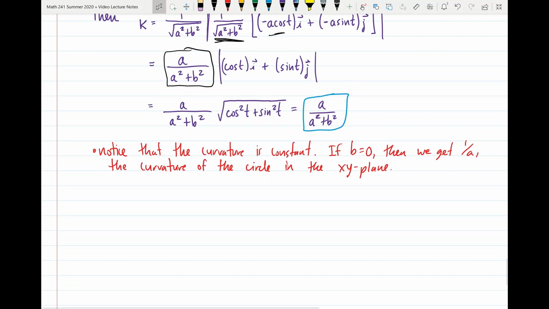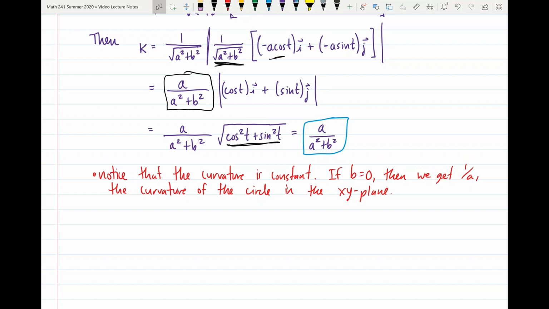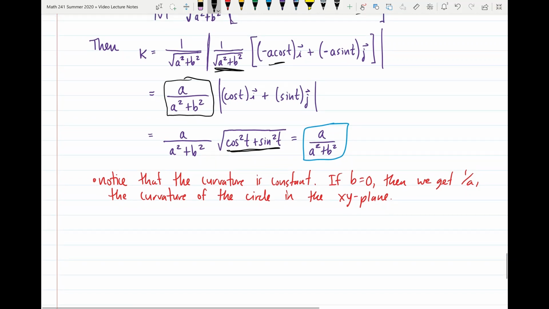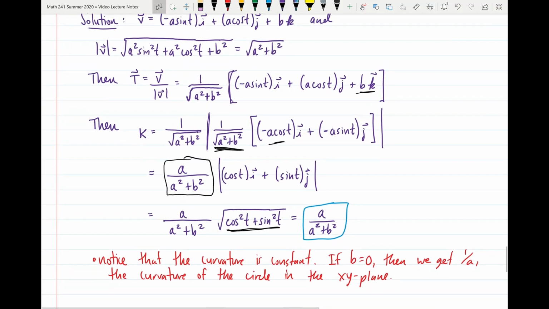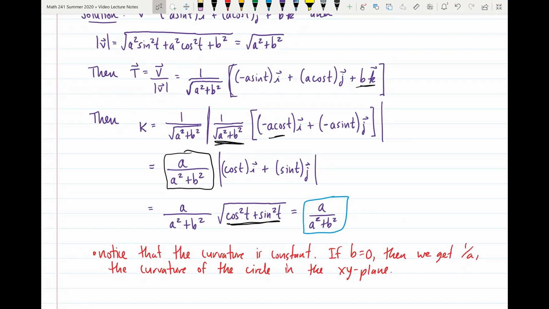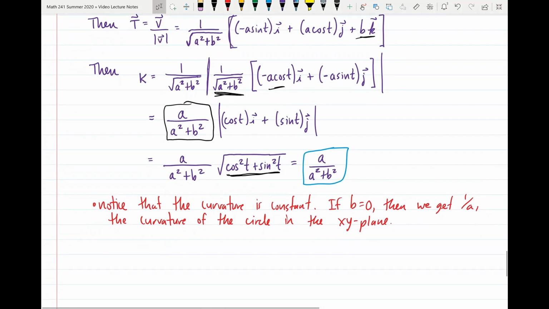But the magnitude of cosine t i plus sine t j is equal to 1, because again, cosine squared t plus sine squared t is equal to 1. And so ultimately, we find that the curvature of our arbitrary helix is equal to a divided by a squared plus b squared. So at all points on the helix, the curvature is completely determined by our choice of the constants a and b, but the curvature is going to be constant throughout the entire helix.